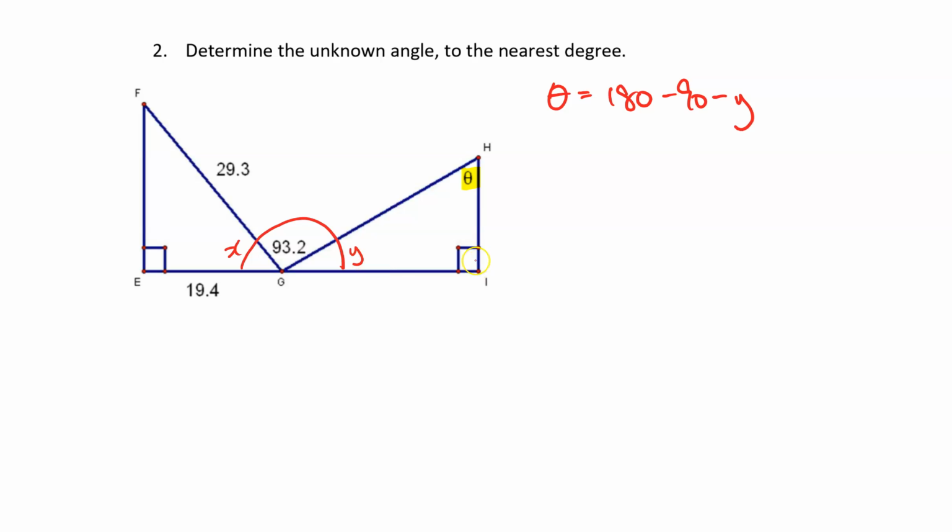So if I can figure out y, I have the 90. We'll subtract them both from the 180, and we have theta. Okay? Or theta is, just to simplify it, is equal to 90 subtract y. Okay. So in order to do this, then, we need to figure out x.